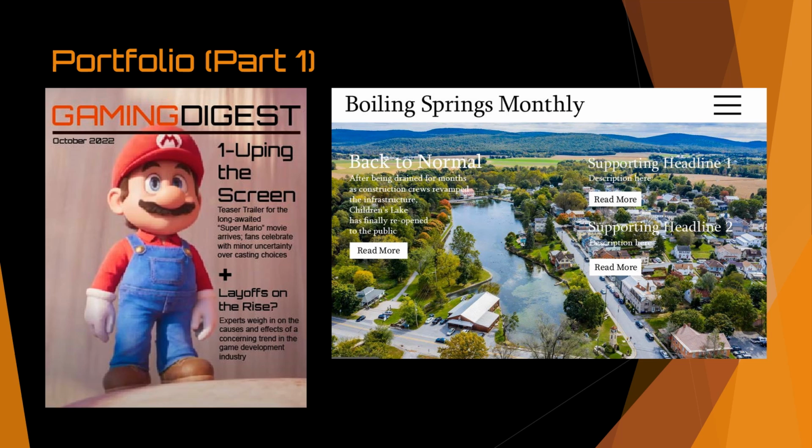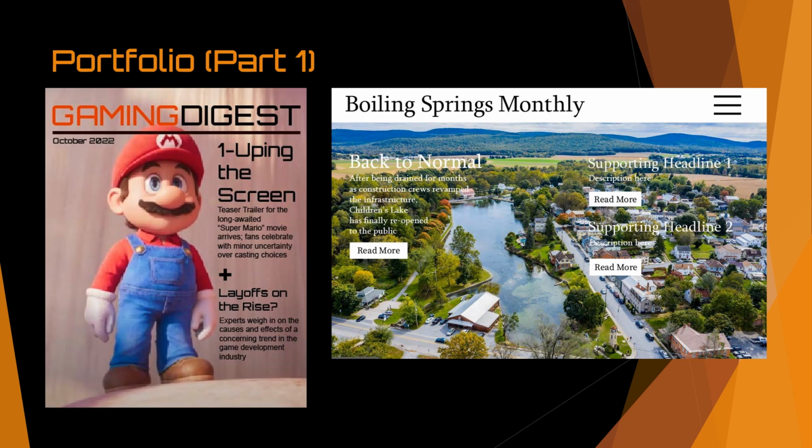And I also did a homepage for a website for, I guess, either a magazine or just an online news source that's local news for my hometown of Boiling Springs.